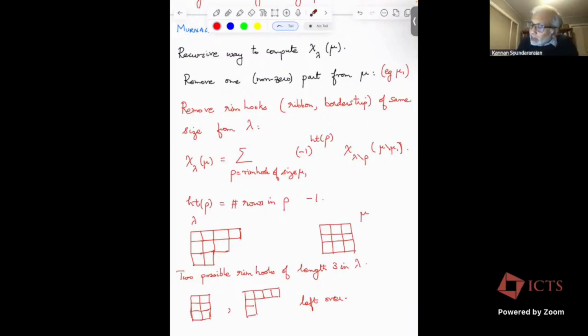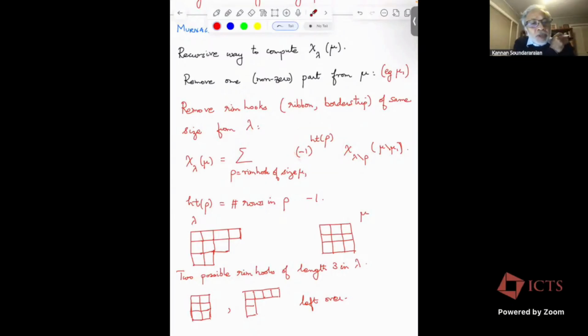And then the Murnaghan-Nakayama rule is a recursive way of computing the character value in terms of removing a part from mu and removing corresponding rim hooks from lambda. And the recursive procedure uses the character value of the new partitions multiplied by some signs.